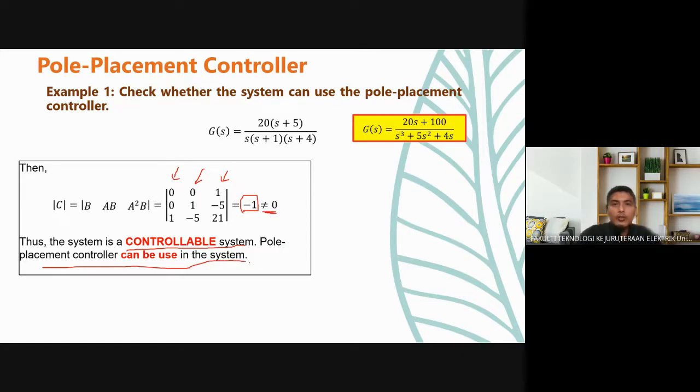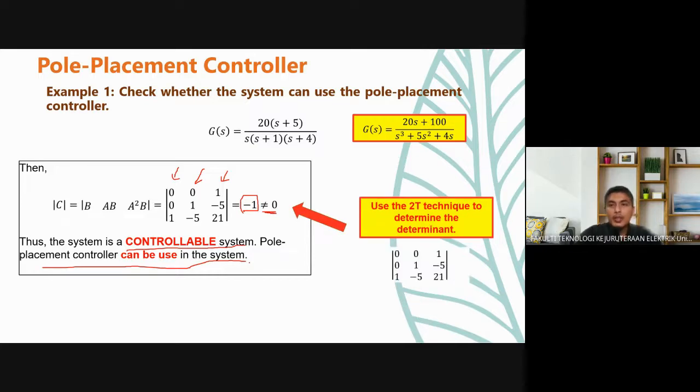So how to calculate this one? Use the cofactor technique to determine the determinant. Firstly, we extract this matrix. After that, we select a row or column, whatever you like.